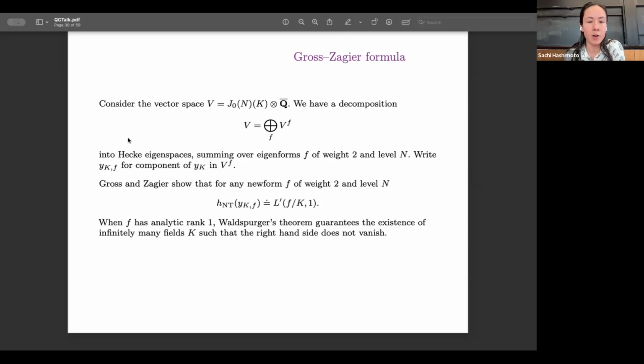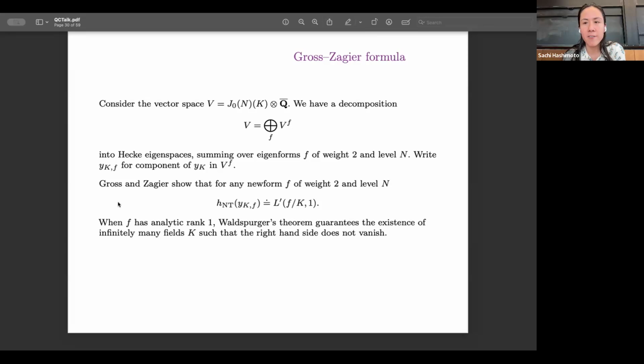What Gross and Zagier show more precisely is a statement about the height of the f-isotypical component in relation to a certain special value of an L-function. They show that if I have a newform f of weight 2 and level N, then the Néron-Tate canonical height of the f-isotypical component of our Heegner point is equal, up to some explicit constant, to the derivative of the L-function of f over K evaluated at 1.